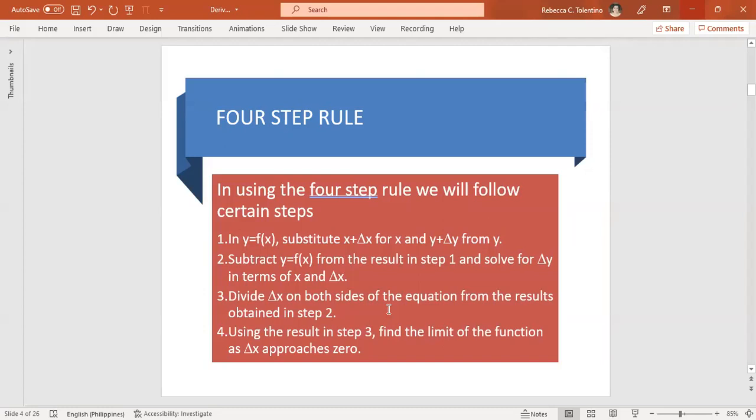Step 3 is to divide the result in step 2 by delta x. Then you get the limit of the expression obtained in step 3 as delta x approaches 0. Once you have done that, you have the derivative of y with respect to x.